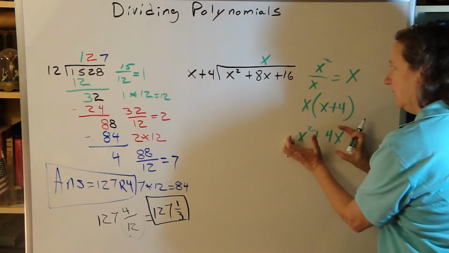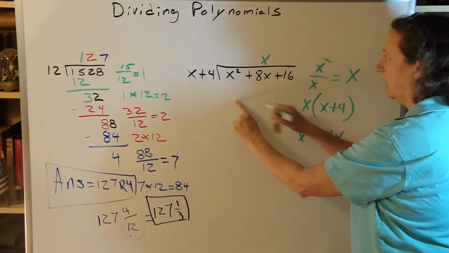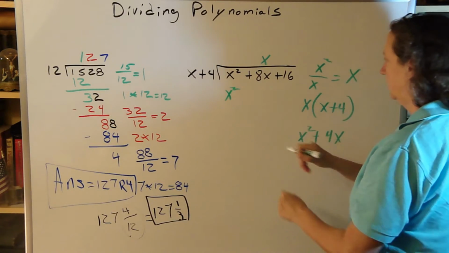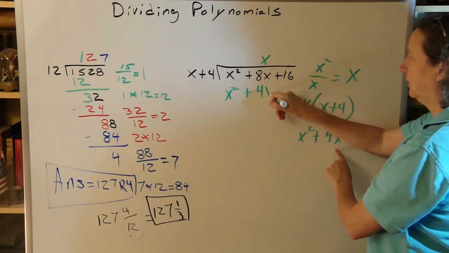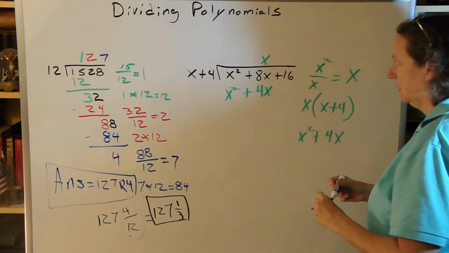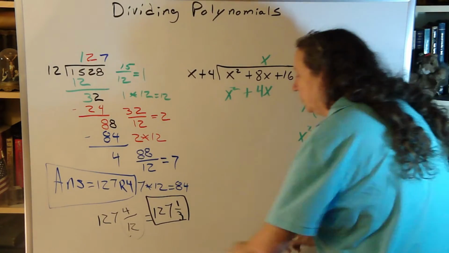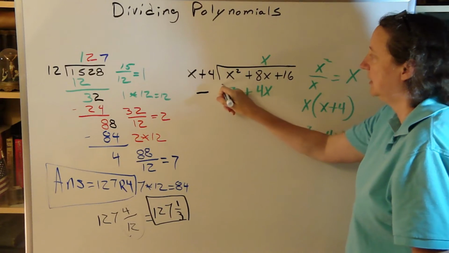And I'm going to take this, and I'm going to line it up. My x squared below my x squared. My plus 4x below the 8x. Now I'm subtracting this. So I'm subtracting this whole thing here.